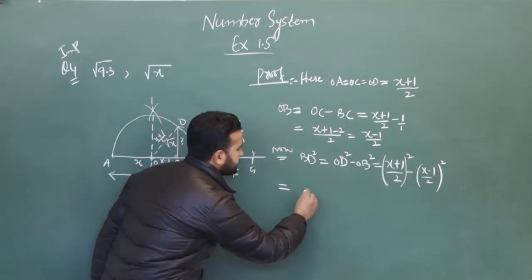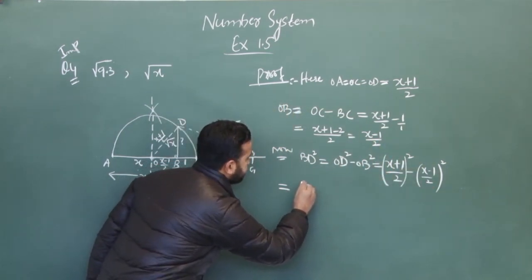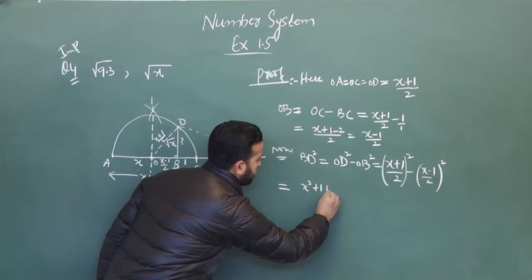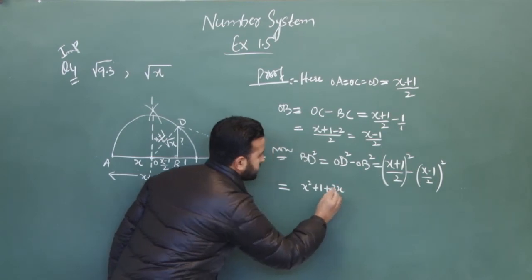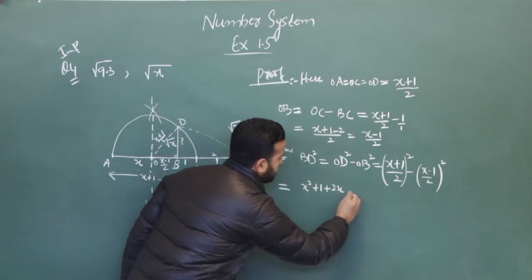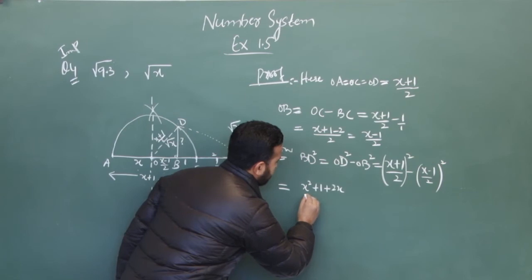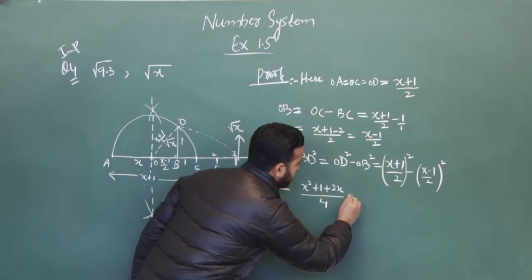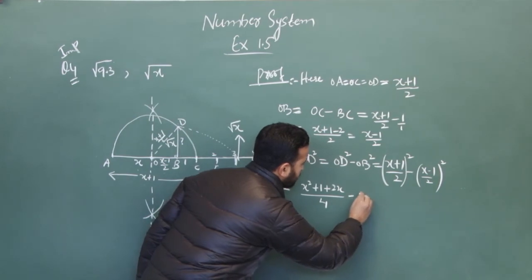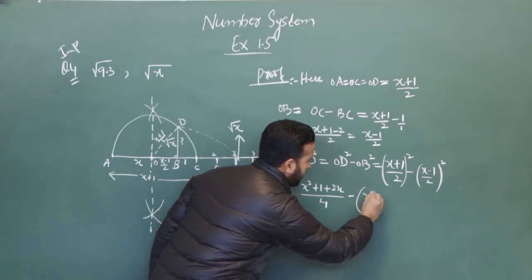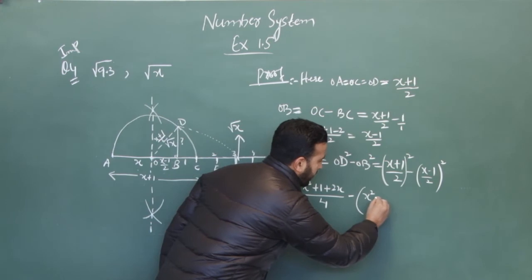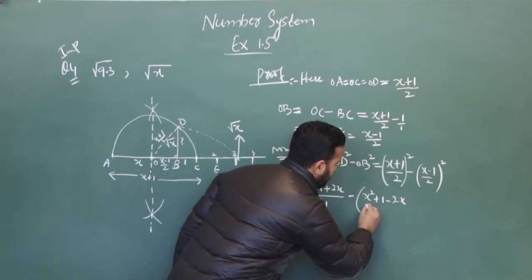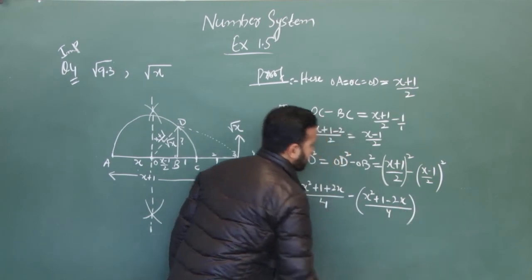So we can take this as a square plus b square plus 2ab, that is 2x, and likewise here, and in the denominator we have 4. Similarly, we can use the formula a minus b whole square, that is a square plus b square minus 2ab, that is 2x, whole divided by 4.